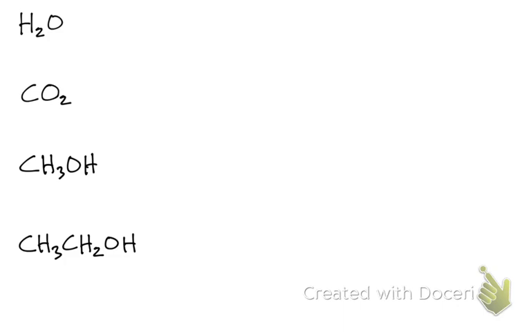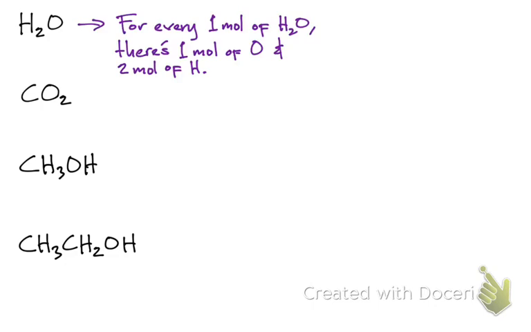So this tells us that in every 1 mole of H2O, there's 1 mole of oxygen, because you only have 1 oxygen atom here, and 2 moles of hydrogen. So if you have 1 mole of H2O, that means that you have 1 mole of oxygen and 2 moles of hydrogen.